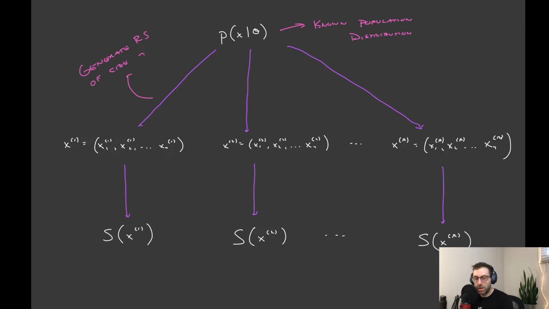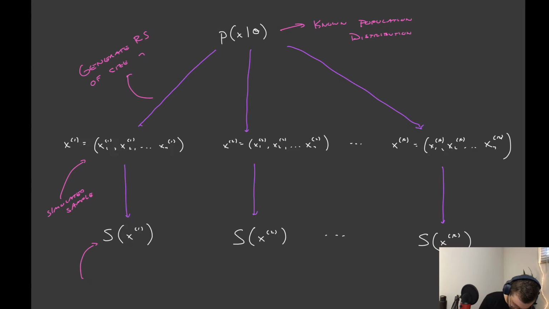What we see along this left-hand side is our first simulated sample. And then we can calculate whatever statistic we're interested in on that sample. I'm using S for statistic, and that's a function of the data, so I'm putting the data into there.